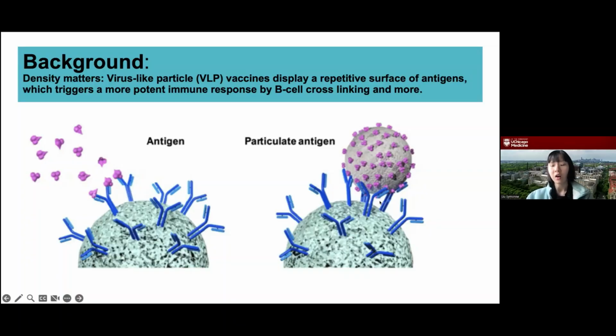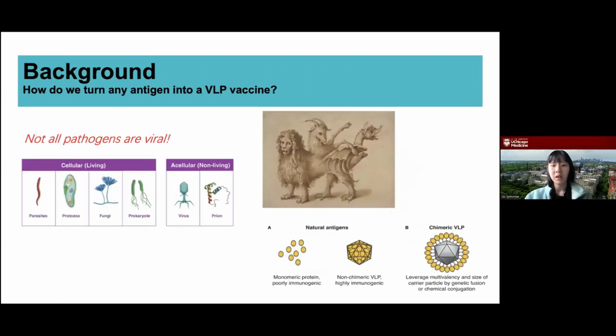This is a very potent cross-linking effect. It's more like an empirical observation that people have known for a long time that VLPs are more immunogenic than subunits, but the exact mechanism is still being discovered and explored.